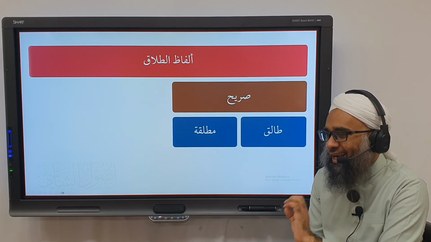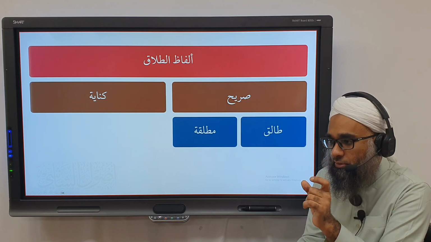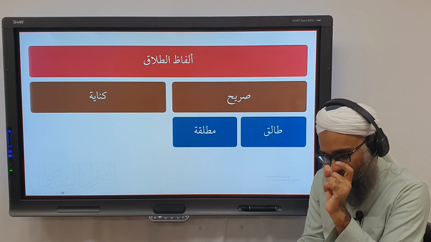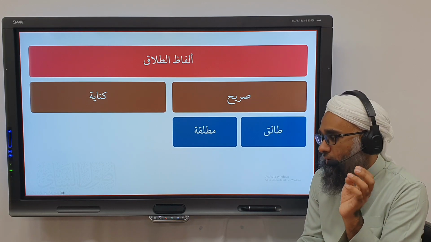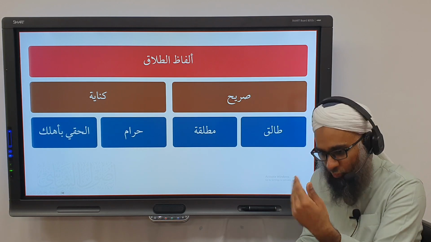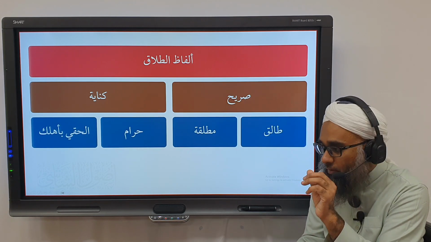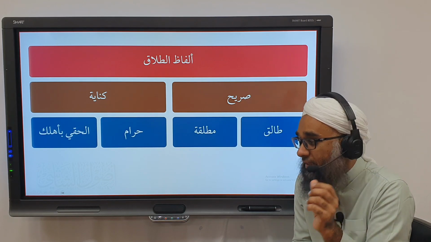All of these words are clear and explicit. The other type are kinaya words, which mean talaq, but they're not clear and explicit. For example, anti haramun and ilhaqi bi ahliki, go home, go to your family. So these words are kinaya in talaq.